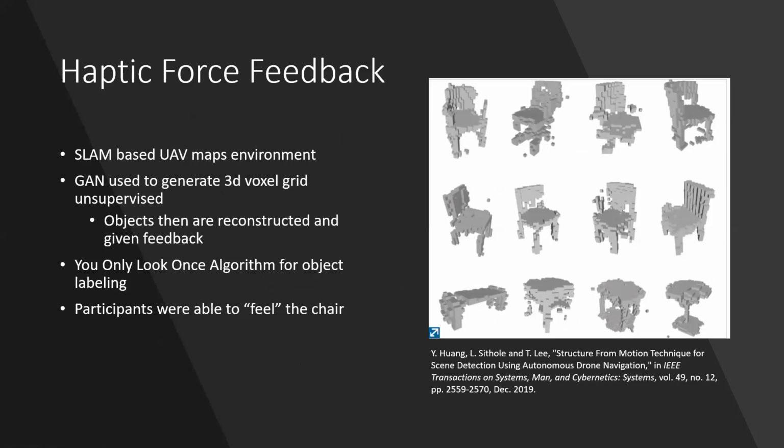And then they labeled it just using a YOLO. So you kind of know what you were looking at in this 3D space. Once this was all put together, you would be in a VR style environment and you could reach out and feel the chair using a controller. You wouldn't just be able to feel it natively, but you could use the rumble from a controller to feel what you're touching.